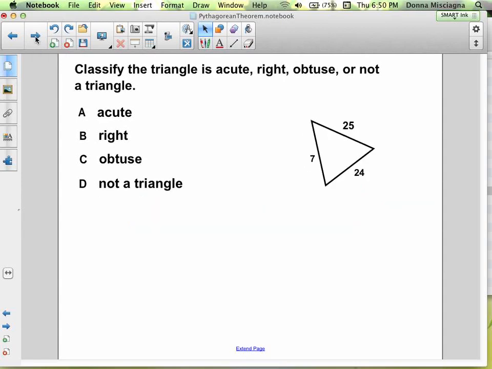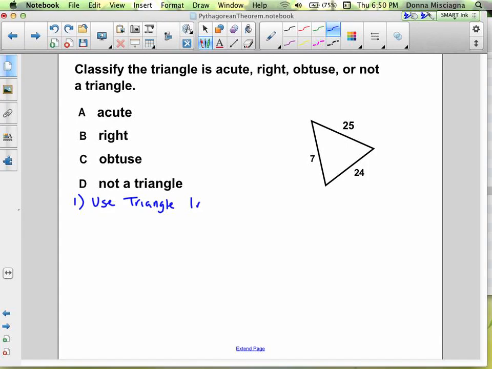All right, so first of all, let's check to see, is this a triangle? So we're going to use the triangle inequality theorem. Now, in your notes, if you want to write that once, step 1, use the triangle inequality theorem.